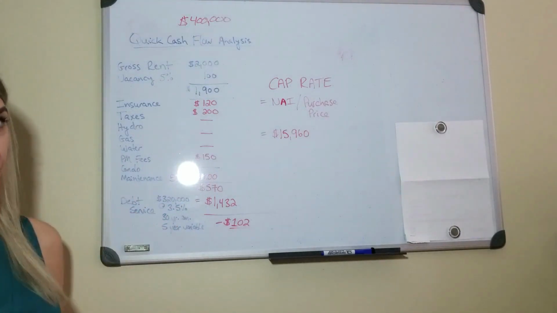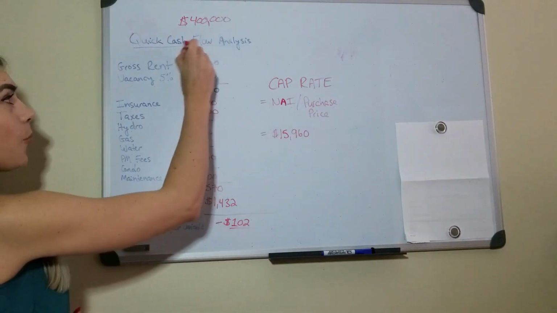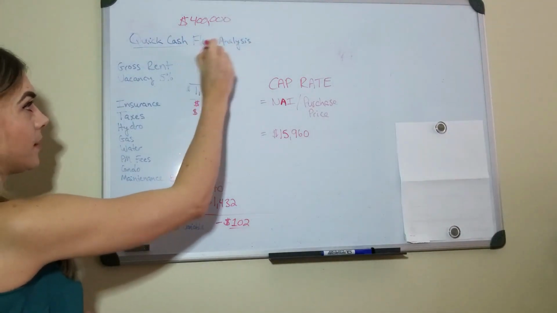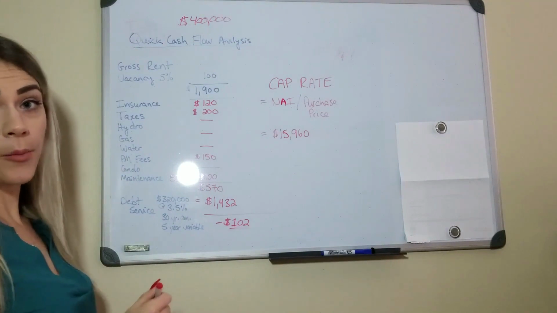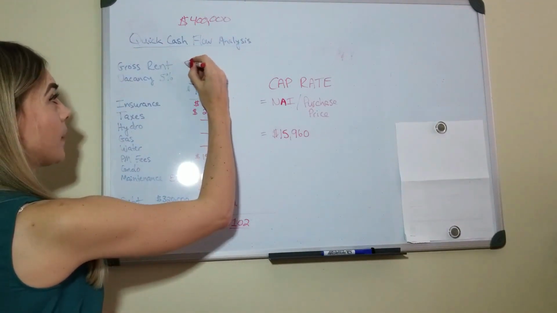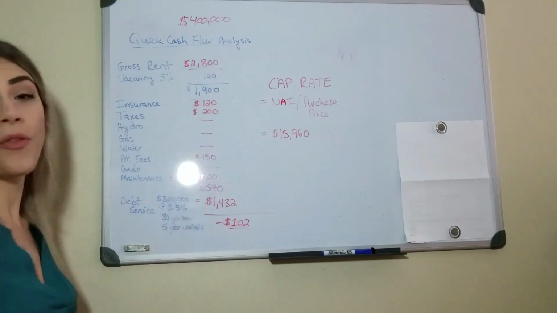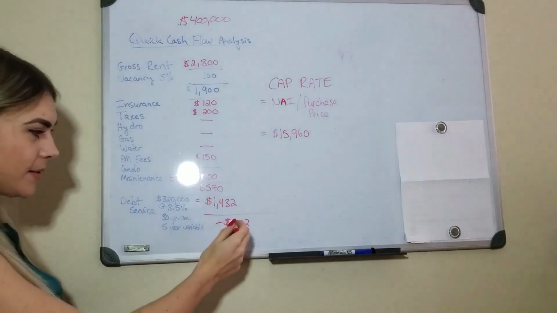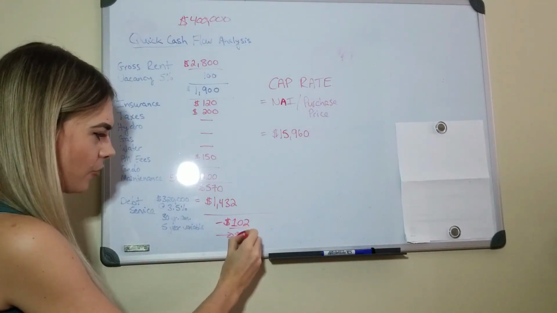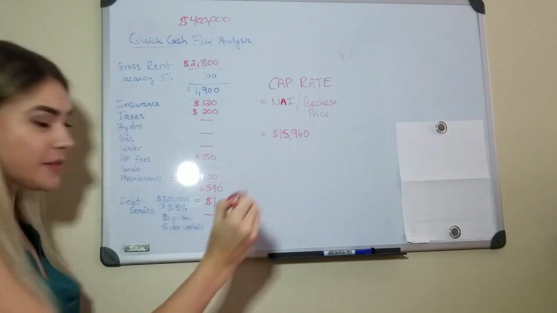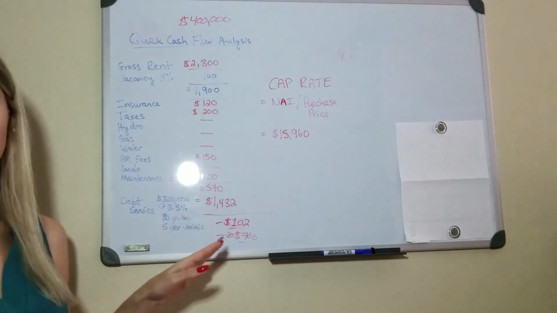If I was pretty confident that this is a really rundown home and that I was going to pour in a bit of renovations to this, make it really nice, put in a brand new kitchen, maybe add a bathroom, whatever the property needed, and I knew that I could up this rent to say $2,800, well, that's a different story, because now this becomes almost $700 in positive cash flow. So you have to take these things with a grain of salt.